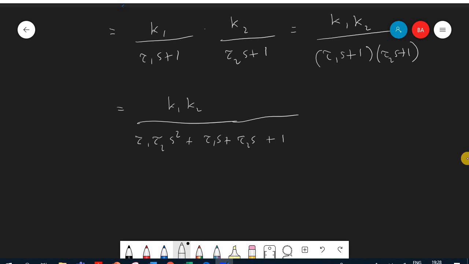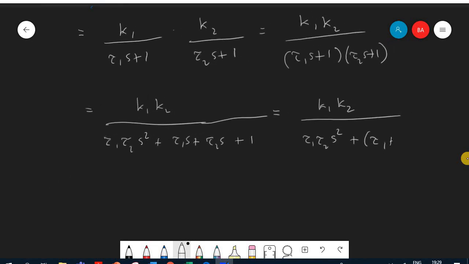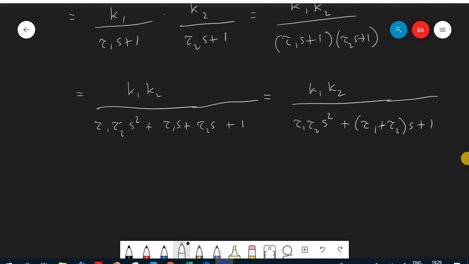So that is my equation, which will be K1 into K2 over tau 1 into tau 2 s squared plus tau 1 plus tau 2 into s plus 1. This is the equation that I developed here.